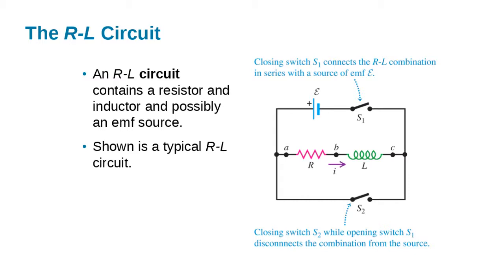So an RL circuit contains a resistor and an inductor, and we'd usually have some EMF source in there, something that can supply voltage, like a battery. This shows a typical RL circuit. We've also got some switches in there.